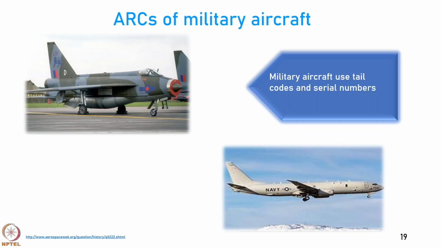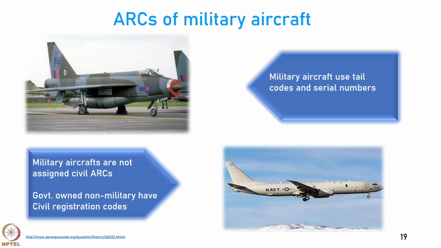Now, the military aircraft also have some reference numbers, but they use tail codes and serial numbers, which are a bit different from the civil aviation aircraft. In this course, I will be talking mainly about the civil aviation aircraft, but I thought it is a good idea to also get a familiarity with the military aircraft, at least the tail numbers and codes used in India.